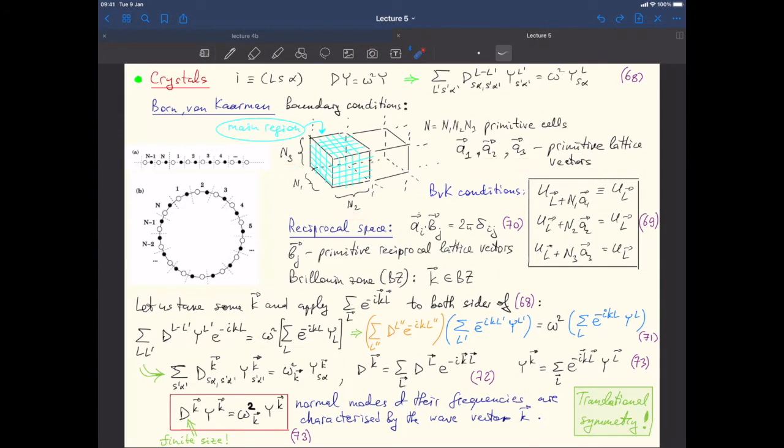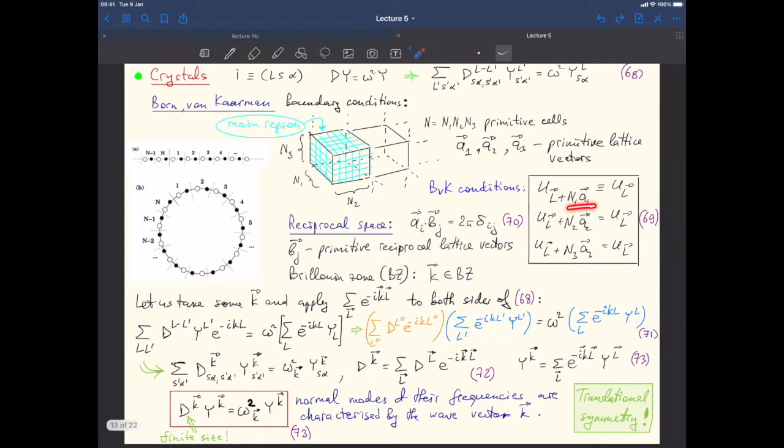So we introduce a very large portion of this infinite crystal, which is n1 unit cells in the direction of a1, n2 in direction a2, and n3 in direction a3, and then we periodically repeat this big box. This big box is called the main region of the crystal, and these are the conditions we set up for the displacements. With this kind of periodicity, you have identical displacements in different boxes. For a one-dimensional system, this simply would mean that we have a torus like this.